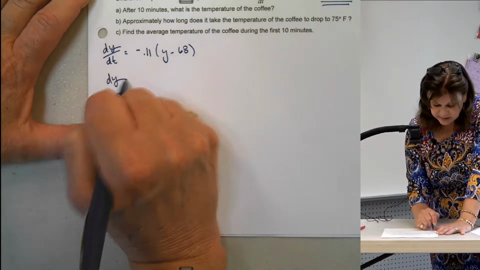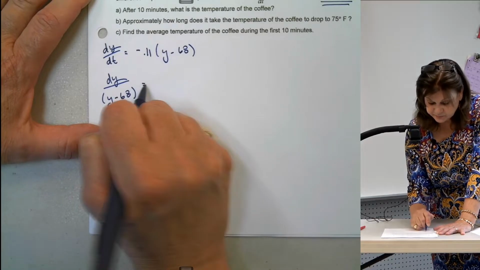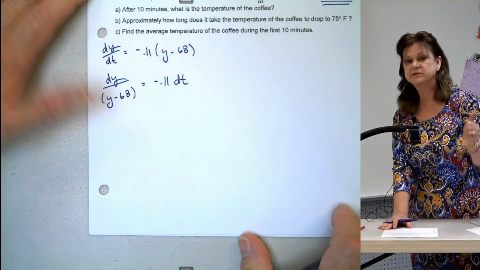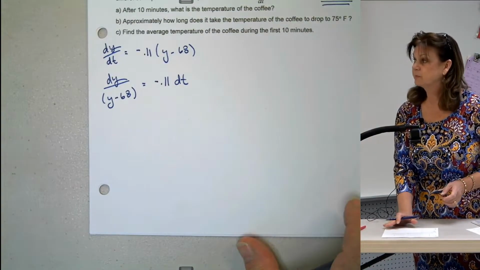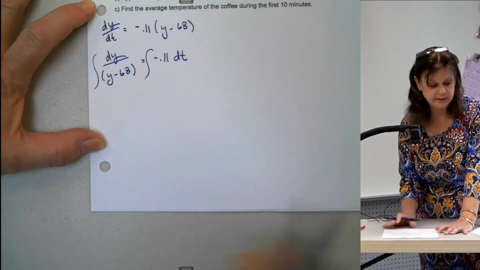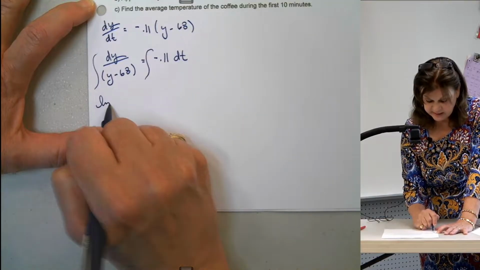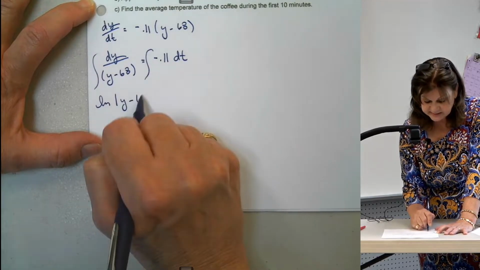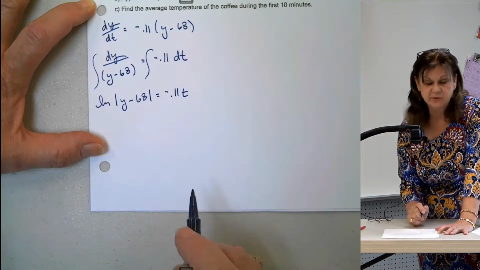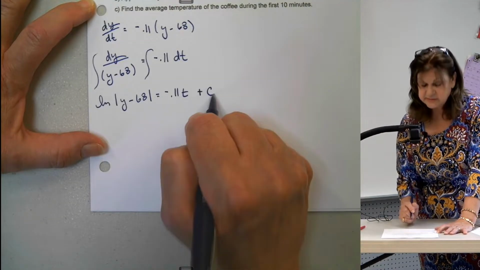So I have dy over (y minus 68) is negative 0.11 dt. There's our separation point. Now, we're going to integrate. So 1 over the stuff, the antiderivative is going to give me ln |y minus 68| equals negative 0.11 t. There's the variable. If you accidentally write x, that's not a big deal. Plus my constant of integration.